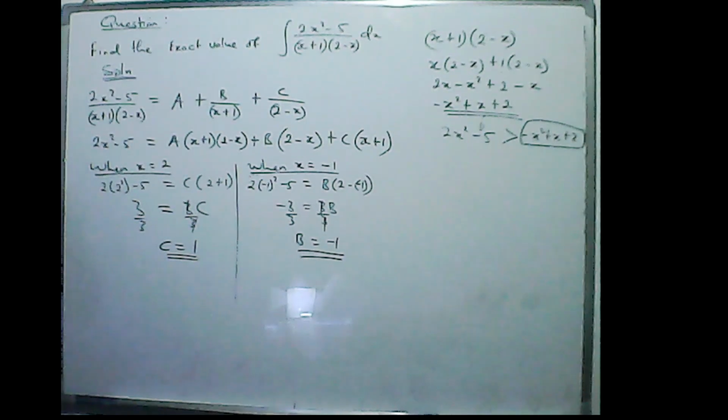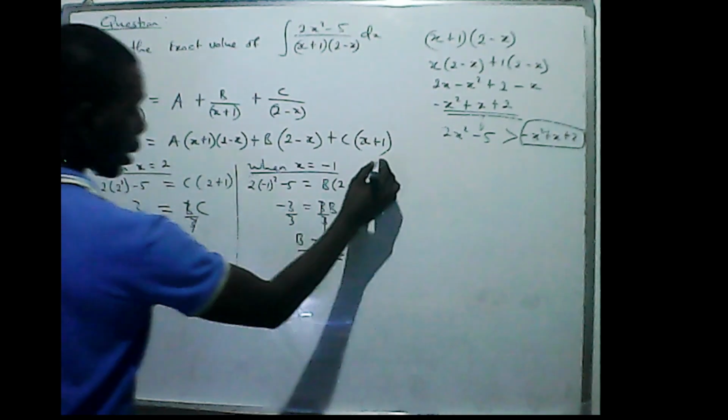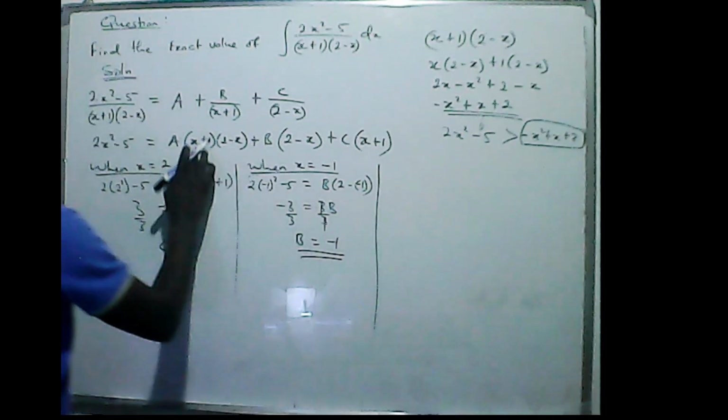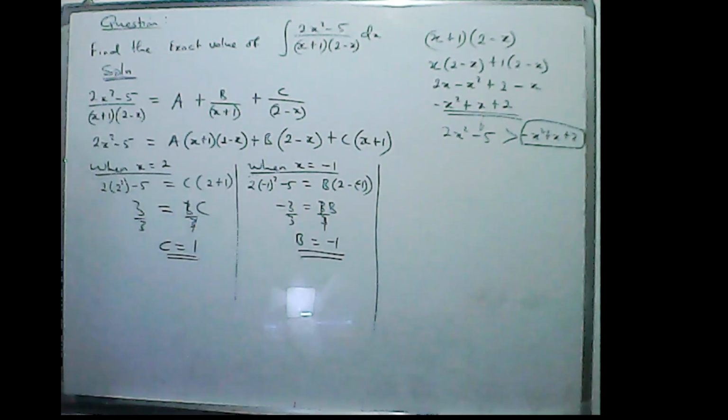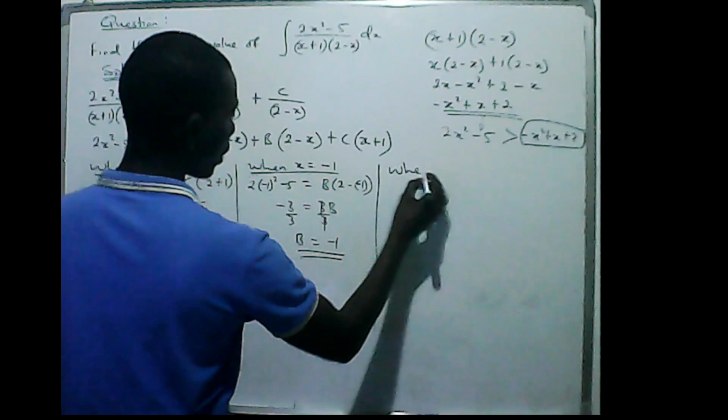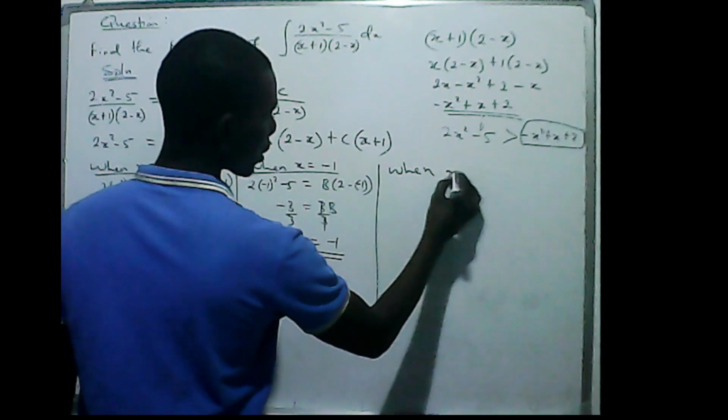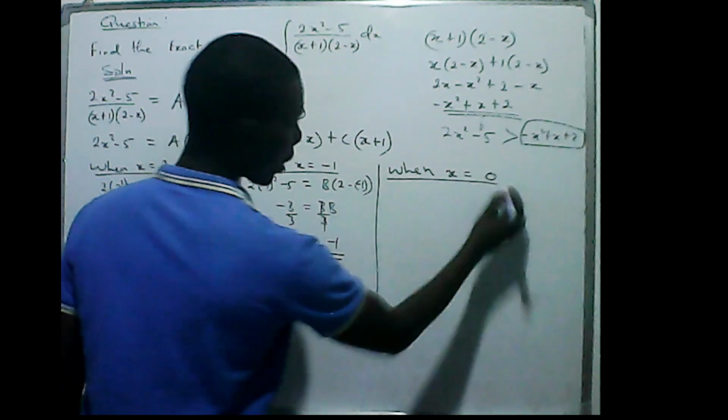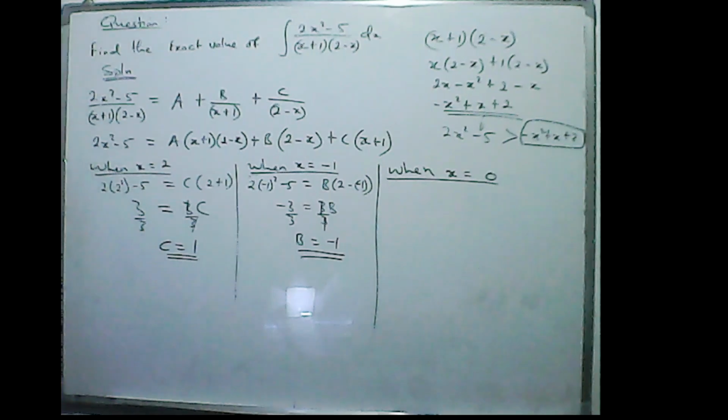So to find the last unknown, which is a, we can use any number, when x equals 0, any number. Let's say we use when x is 0.